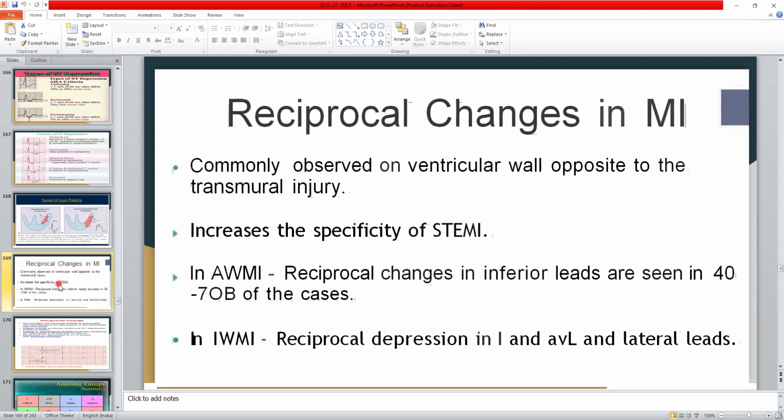But at the same time, opposite to the area involved by the MI, there are some other changes, known as reciprocal changes, commonly observed in the ventricular wall. As I told, opposite to the involved wall of the transmural injury, this increases the specificity of STEMI, that is ST elevated myocardial infarction.